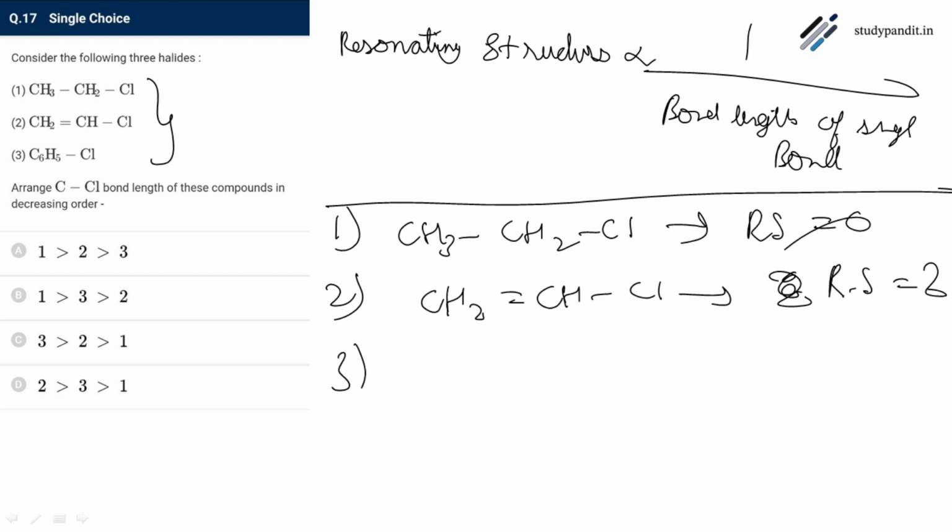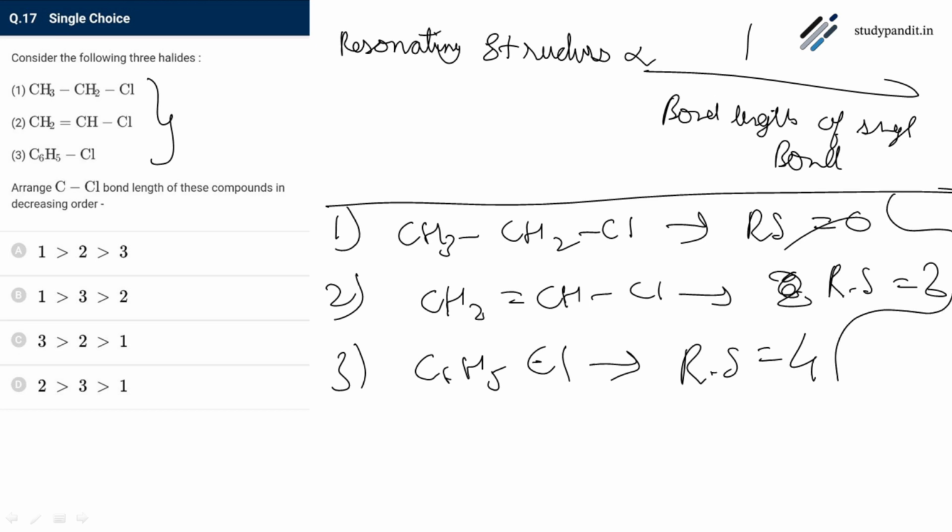And the third one, C6H5Cl, has 4 resonating structures. So through this we can find out the bond lengths. The longest one will be the one which has the fewest resonating structures, that is 1, then 2, then 3. So the answer is A.